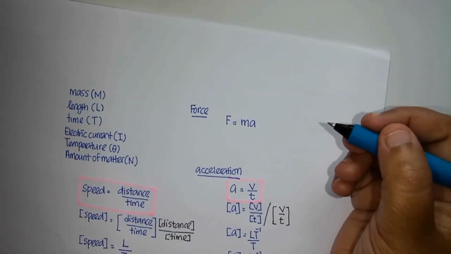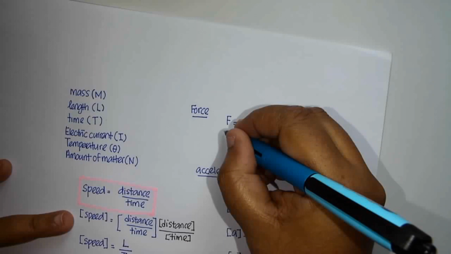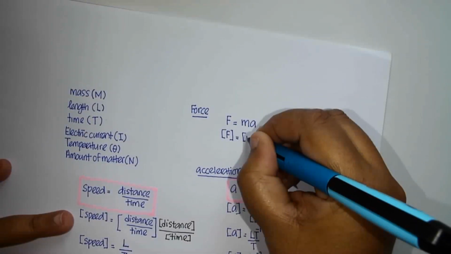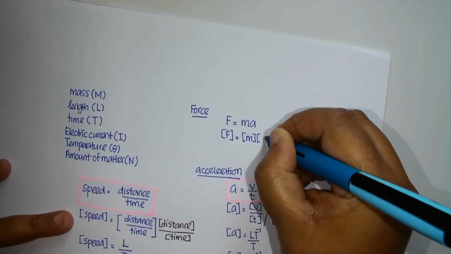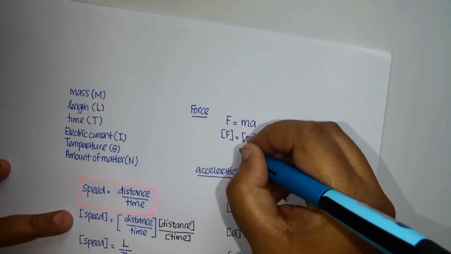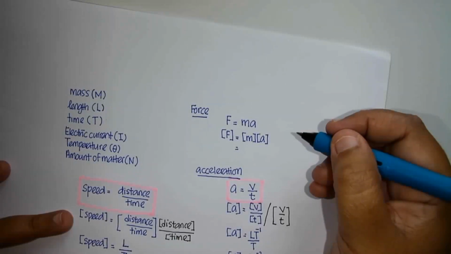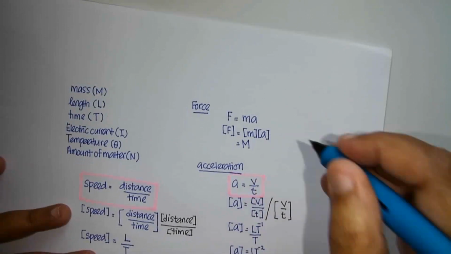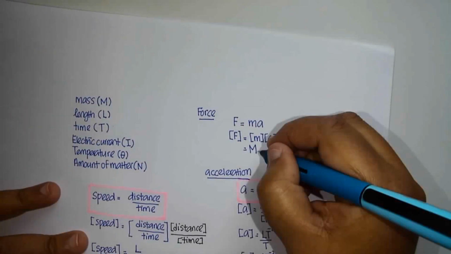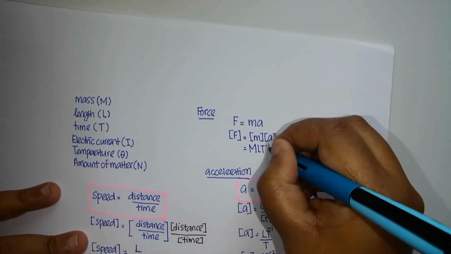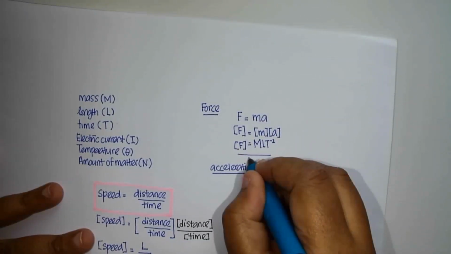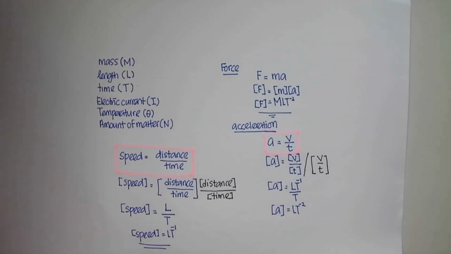So if I want to find the dimension of force, you write it in such a way, you can also write it like that. So what is the dimension of m? M is mass, so the dimension of m is capital M. Dimension of a is L T negative 2. So the dimension of force is M L T negative 2. So this is how to find dimension.